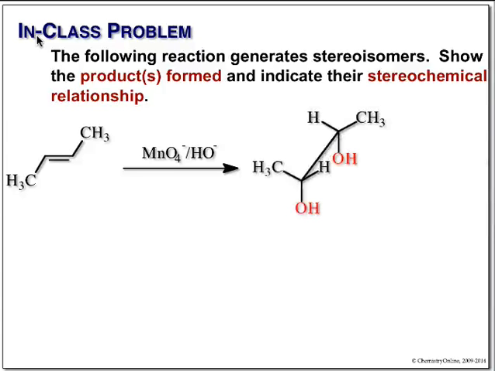Now, let's take this and assign stereochemistry to both carbons. I'm going to do that by taking my sawhorse and drawing it like this. Again, the 2 hydroxyl groups are down, so I've shown them both back.